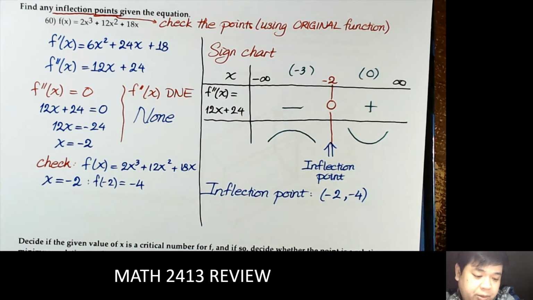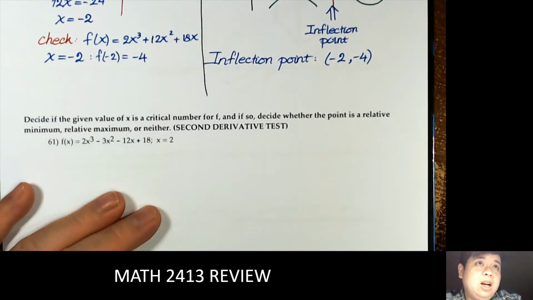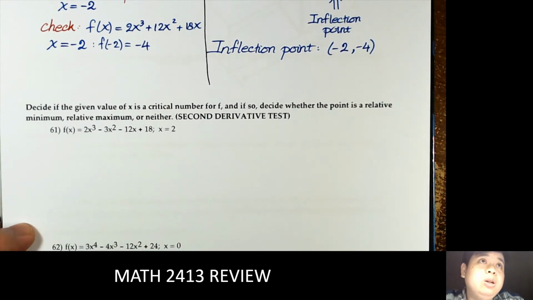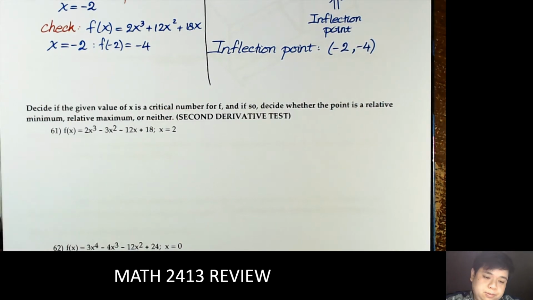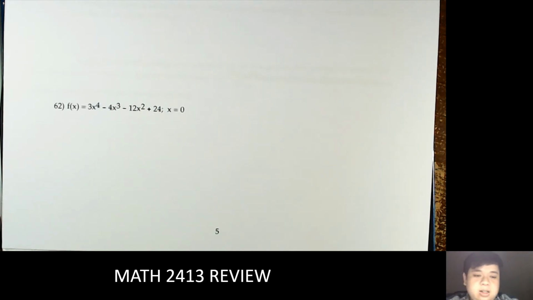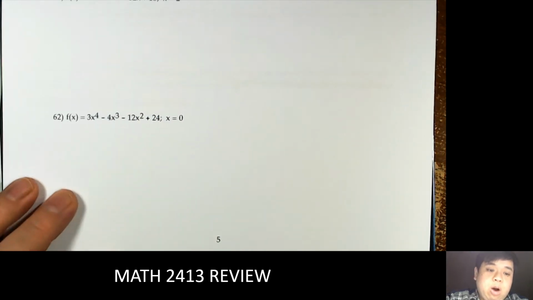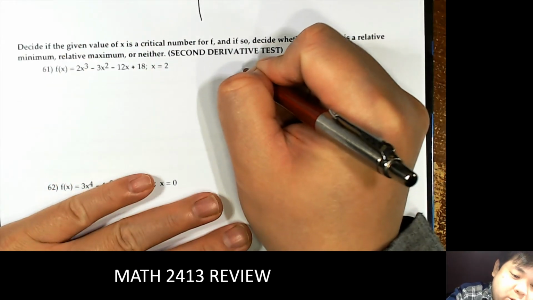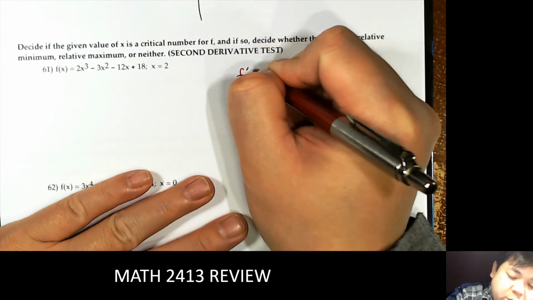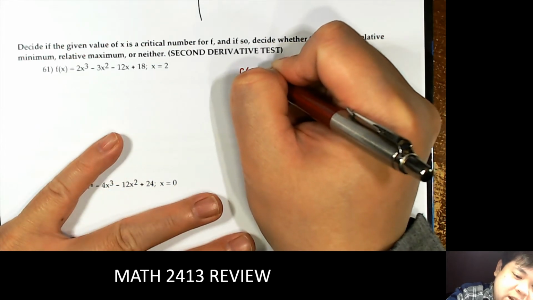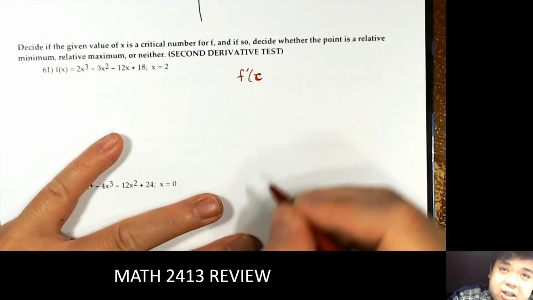Next, we have the second derivative test. Since this problem is fairly similar, I only do 62. Right, so for the second derivative test, there are a few things. I'll write out what we need. First of all, we have to have the derivative equal to 0 at the point we test, so we write c instead of x.